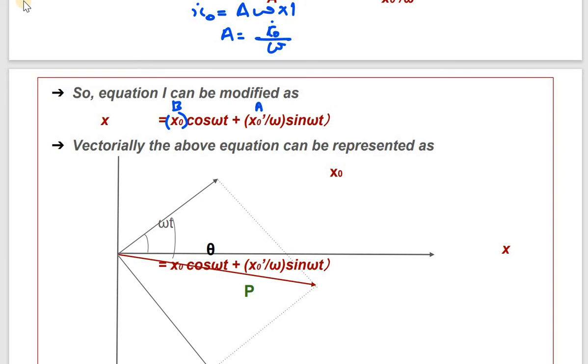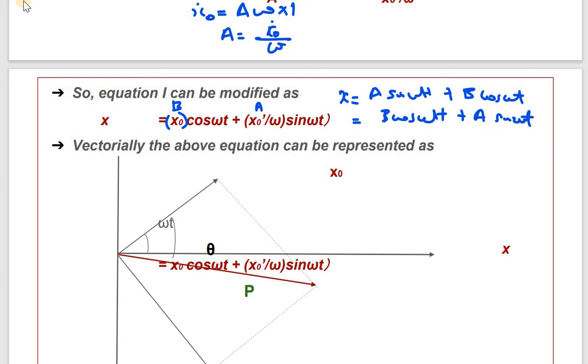We started from x is equal to a sin omega t plus b cos omega t. I have just written it like this: x is equal to b cos omega t plus a sin omega t, for the simplification only.